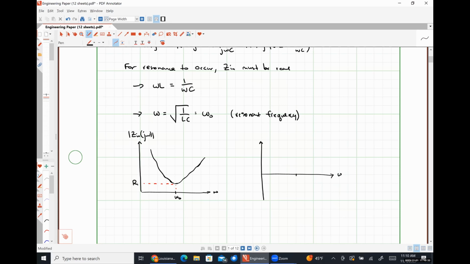So we can see very obviously that our impedance is at a minimum at resonance, right? If we were to look at our phase angle, if this corresponds to negative 90 degrees and this corresponds to positive 90 degrees, we would cross through 0 degrees at exactly our resonant frequency.